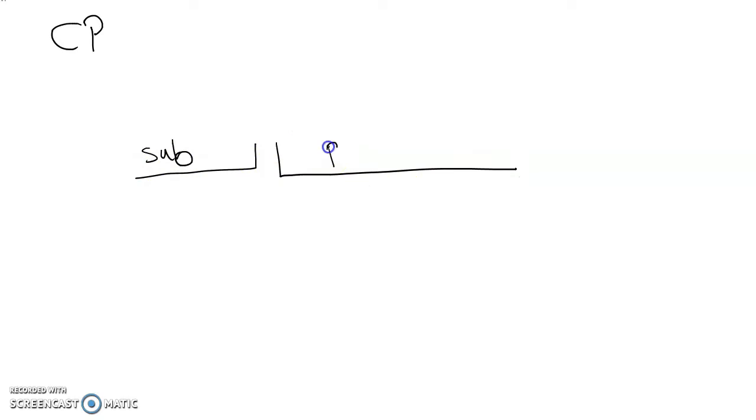Hello everyone. In this video, we're going to explain something about the CP in X-bar theory. At the beginning, it's necessary to know that once we want to analyze any sentence in English, we have to know that this sentence consists of the subject and the predicate.